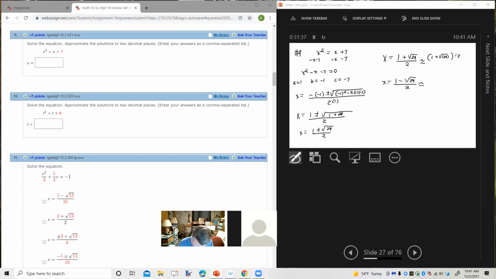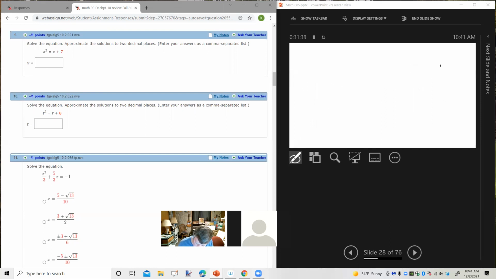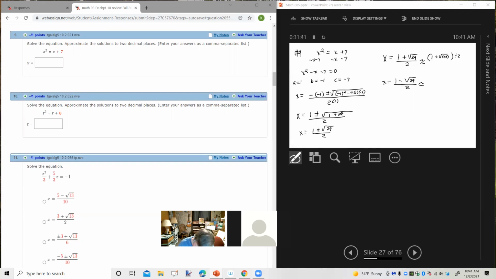And I get 3.1925, etc. It said round to 2 decimal places. That would be here. The 2 would round down. So 3.19 should be one of our solutions.